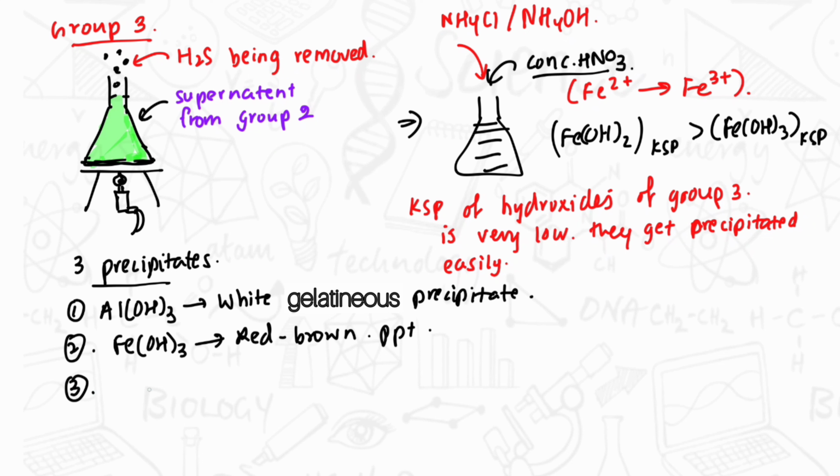And third, we have chromium 3 hydroxide, which is a green precipitate. These are the three cations that are precipitated as they are hydroxides in group 3.